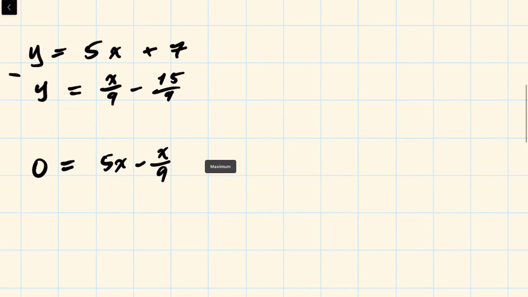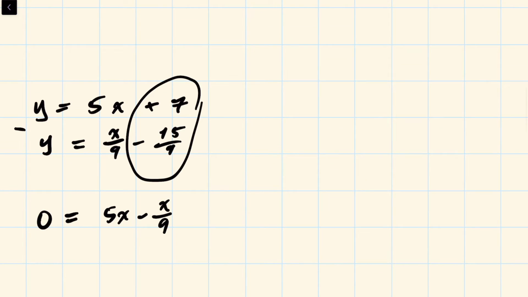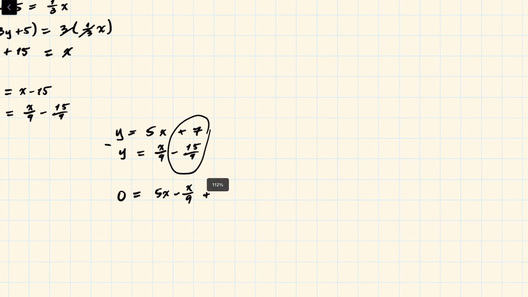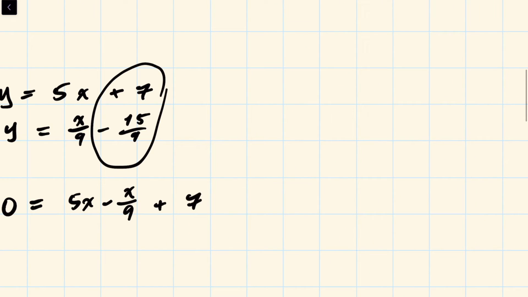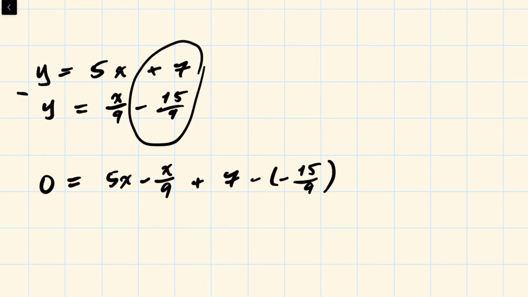Then we have our 7 and our negative 15 over 9, so we are going to add 7 minus negative 15 over 9, because that's the next term in this binomial. Well, this is not a binomial right now, but it will become a binomial once we simplify it.